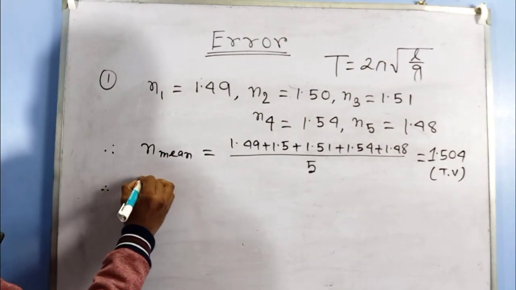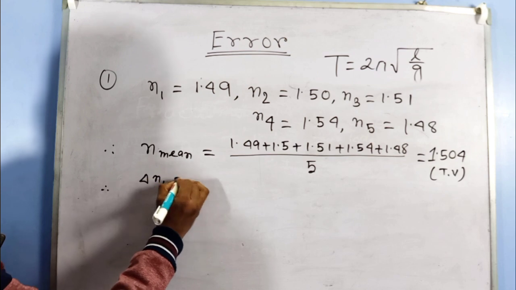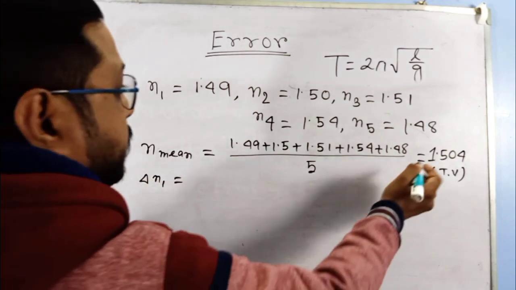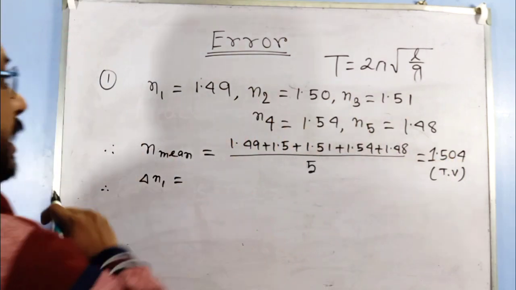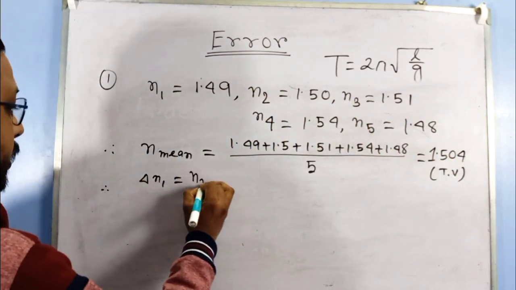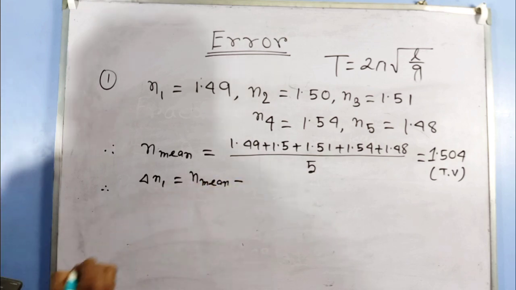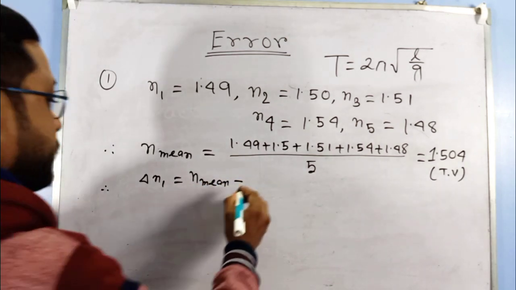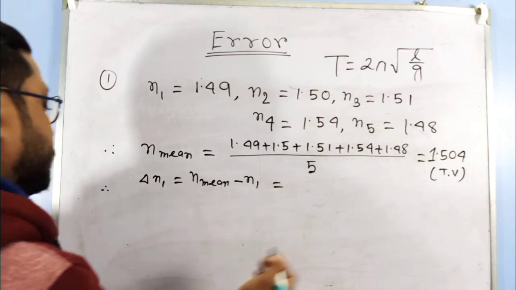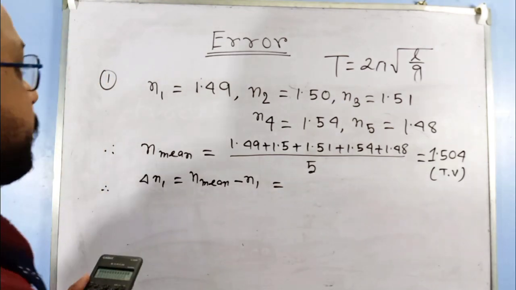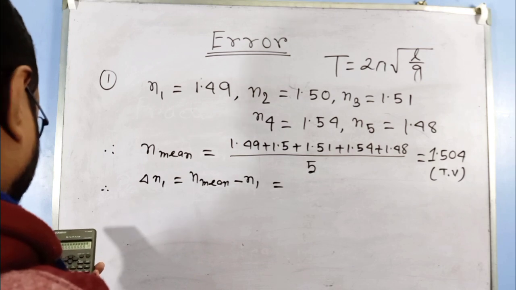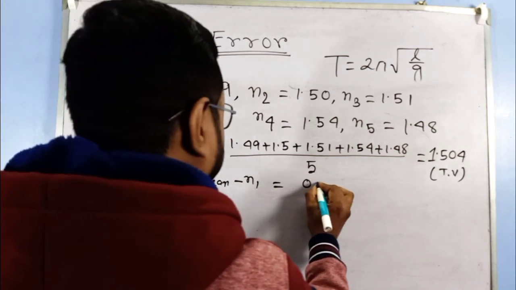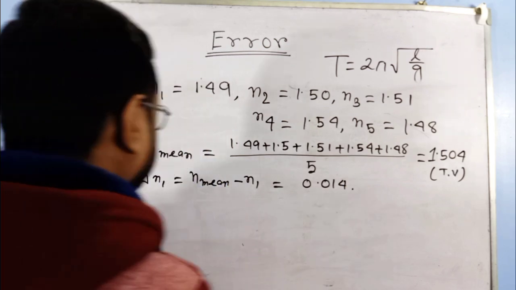Now, what is delta n1? Delta n1 is n mean minus n1. It can be positive or negative. So n mean is 1.504 minus 1.49, we get 0.014.